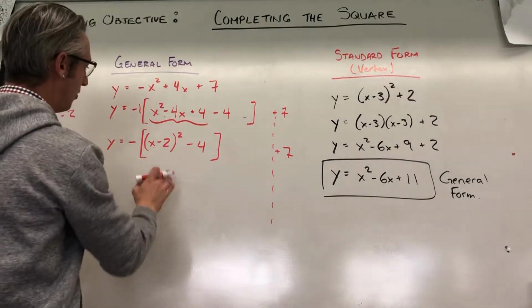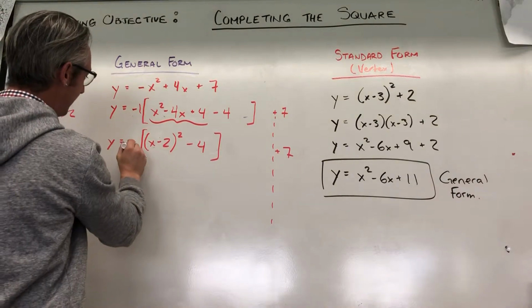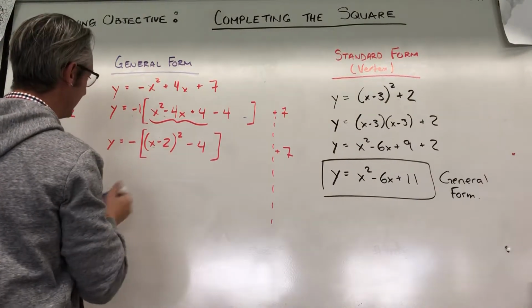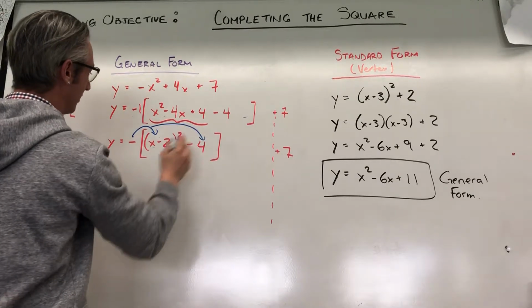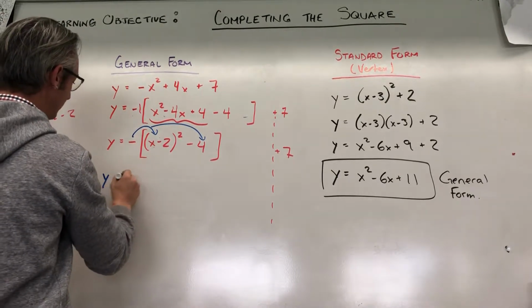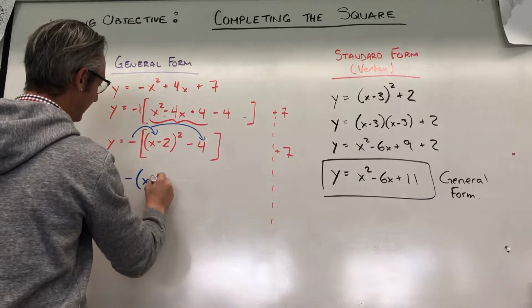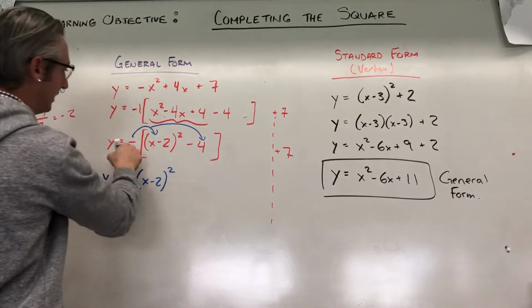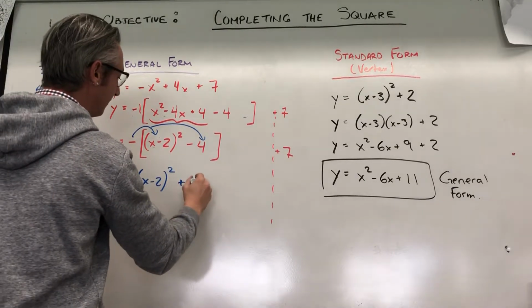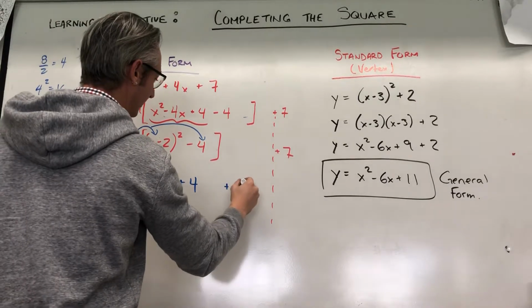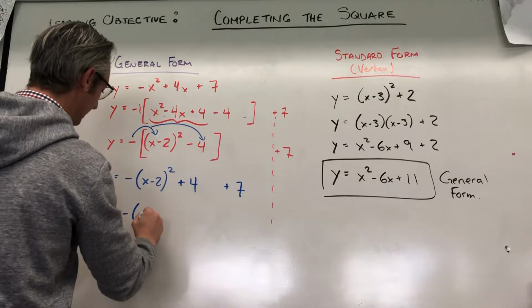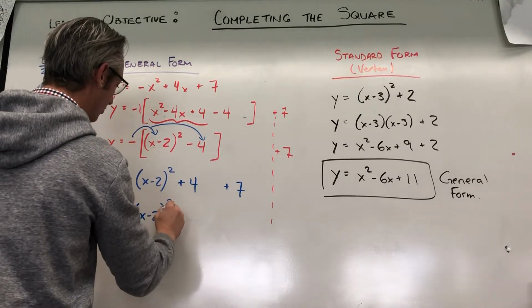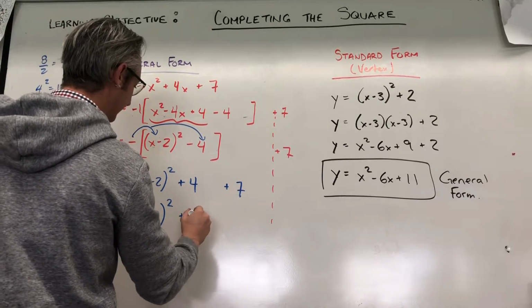Okay, now to finish it off, I have to distribute this negative. So this negative has to multiply by here, and it has to multiply by here. So I get y is equal to negative x minus 2 squared, negative times negative, plus 4, and now plus 7, which gives me negative x minus 2 squared plus 11.